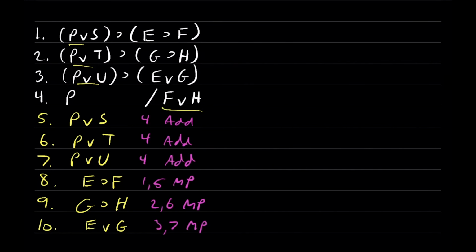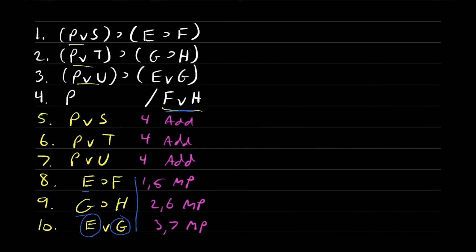Okay, the next thing I notice is that if you look at lines 8, 9, and 10 now, it's starting to look an awful lot like a constructive dilemma. You've got a disjunction here in line 10. It says either E is the case or G is the case. Line 8 tells us E implies something. Line 9 tells us G implies something. So if one of those 2 antecedents is the case, one of the 2 consequents would have to be the case, F or H in other words. And happily, that's just the conclusion that we're trying to show.